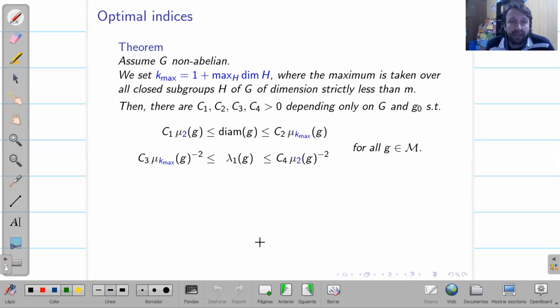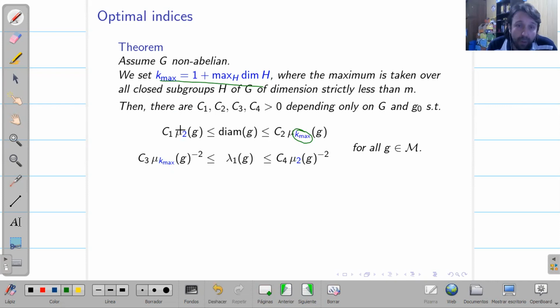And here are the optimal first estimates. There are positive constants here, T1, T2, T3, T4. And check here: in the previous slide it used to be m here. And so we go down up to k max, this strange index.